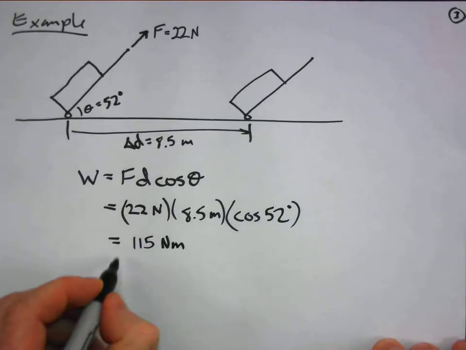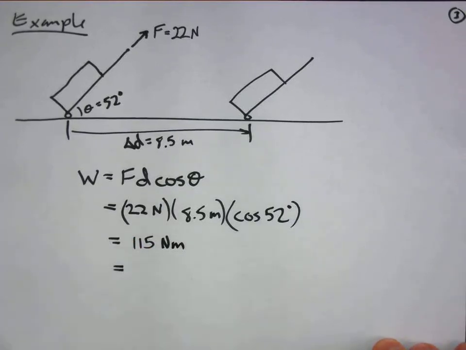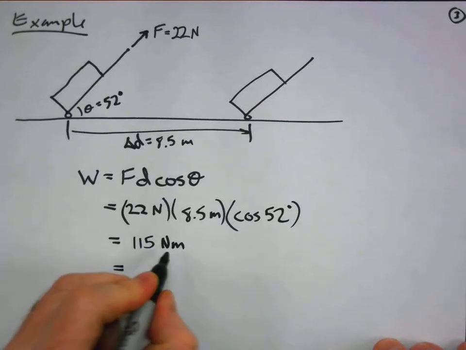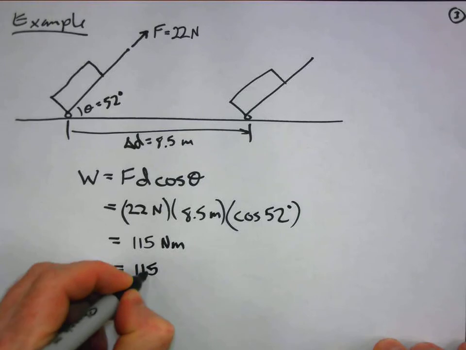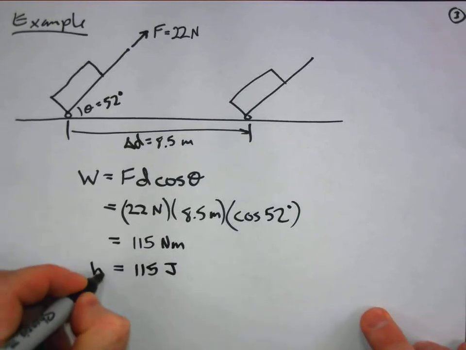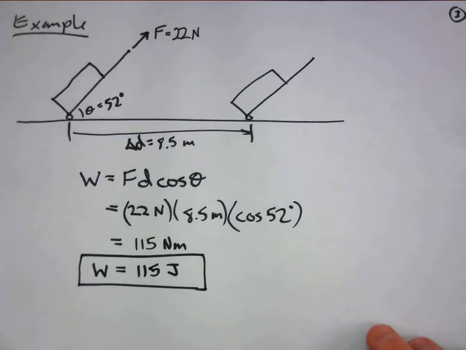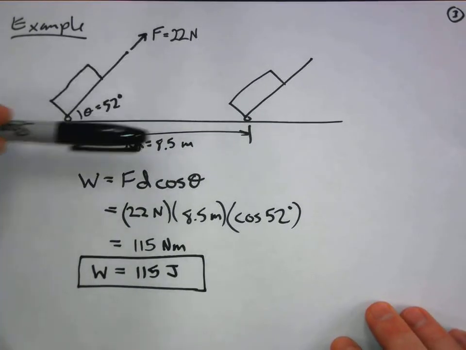But a newton times a meter, in cases of work or energy, is a joule. So we have 115 joules of work done on the suitcase. Easy peasy, right? We need the angle, we need the force, and we need the distance traveled.